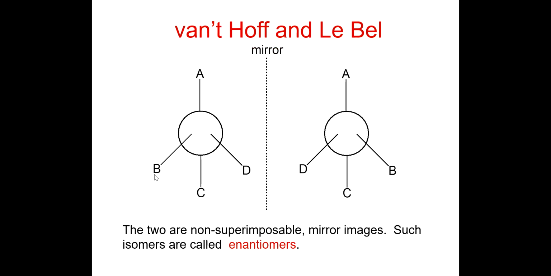We view from where the BC bonds are stretched. Okay, so we look from here, and for the right one we observe from here. If we do so, we will easily find that this A group is actually aligned with this D here, right?